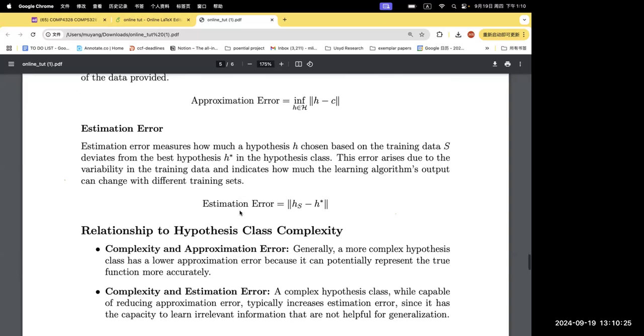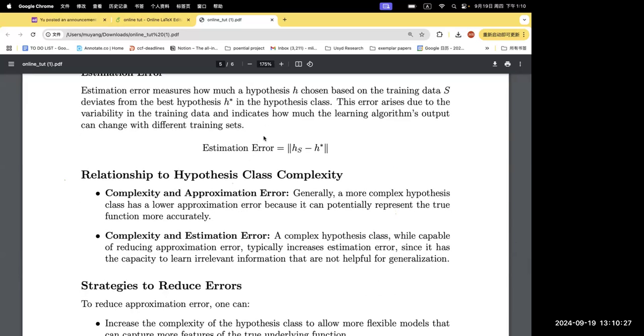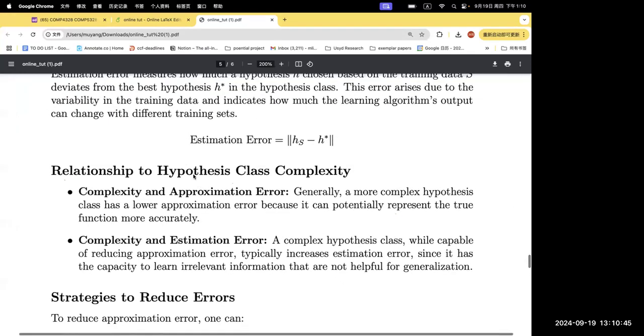And for now, we'll talk about what sort of factors influence the estimation error and the approximation error, right? More specifically, we're going to talk about how this has to do with the hypothesis class complexity. We know that if a hypothesis class has a larger complexity, this means we usually have a smaller approximation error.